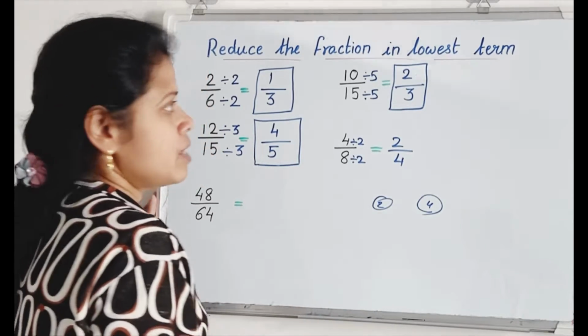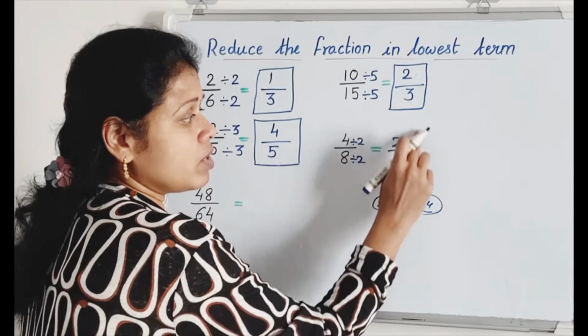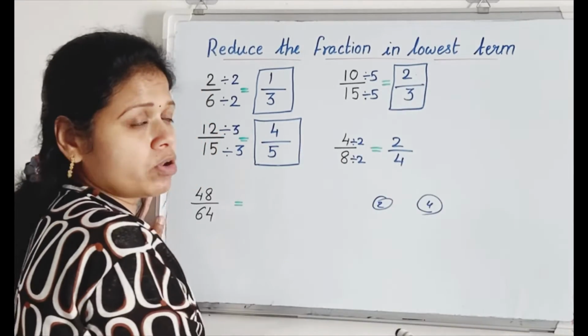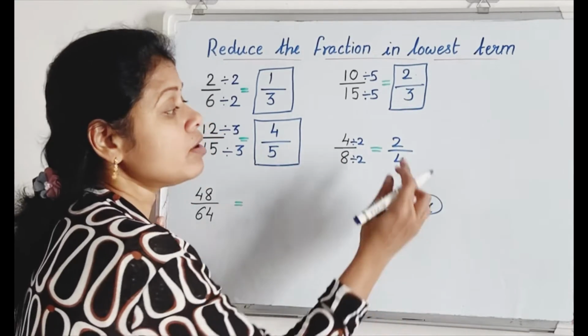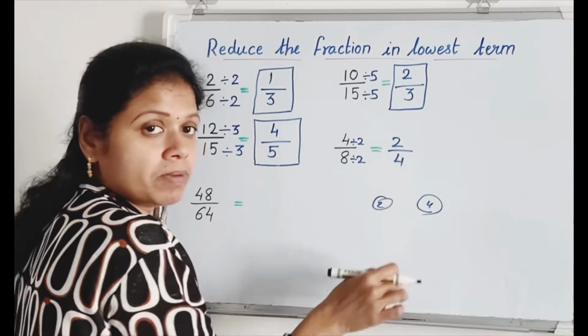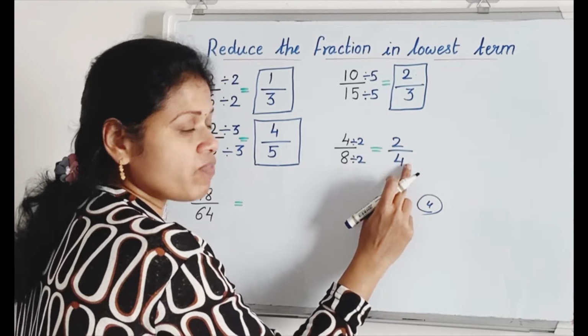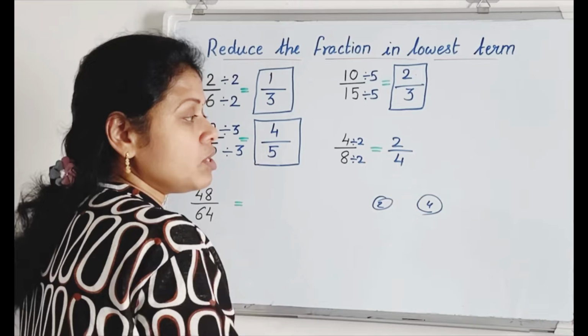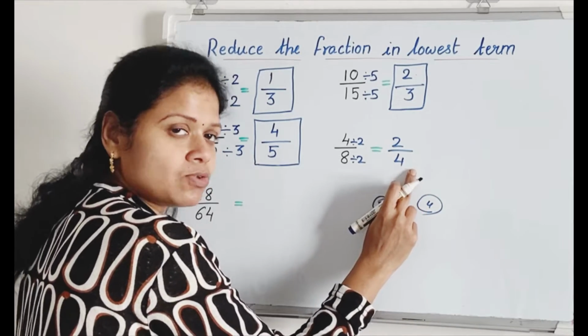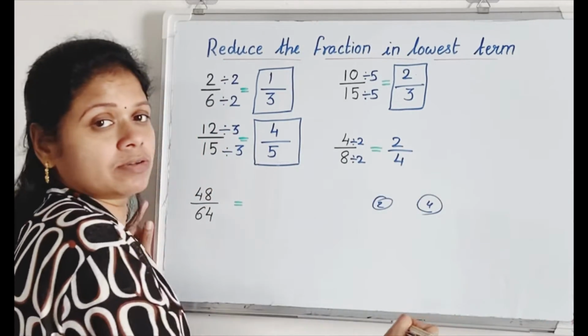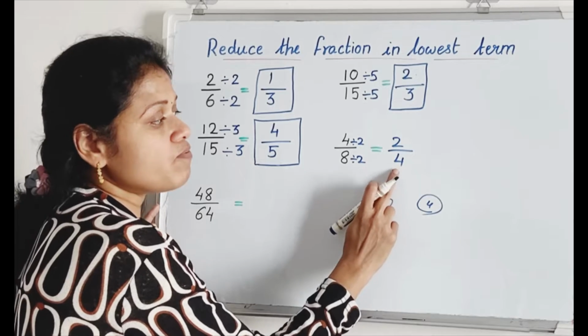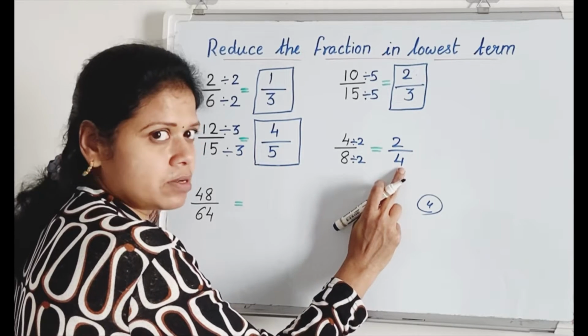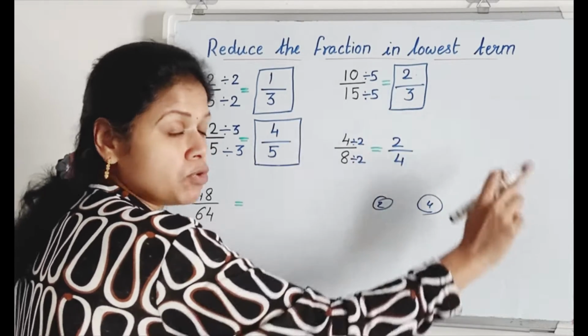After this, we have to check whether we have changed it to its lowest term by finding whether there is a common factor of these two numbers. Yes, there is a common factor. So again you have to divide. You should not stop here because this fraction is not in the lowest term.